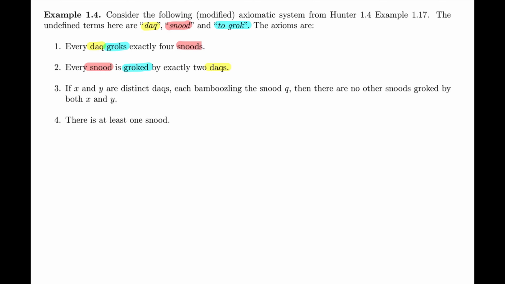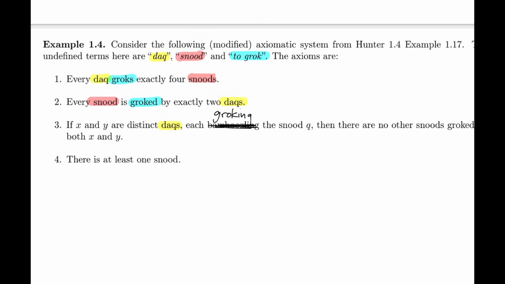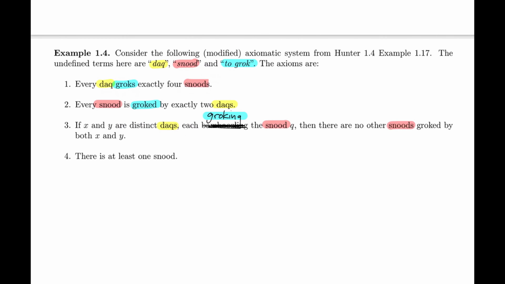Okay, and then the third axiom is that if x and y are distinct daks, each grokking the snood Q, then there are no other snoods grokked by both x and y. And the last axiom says that there's at least one snood.